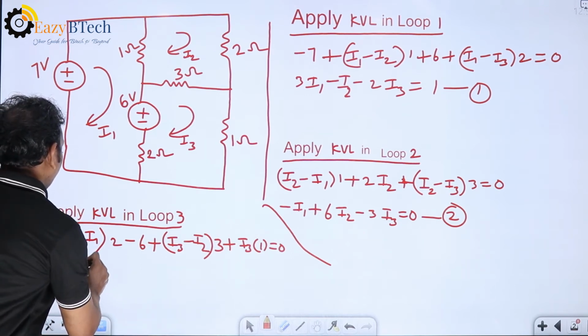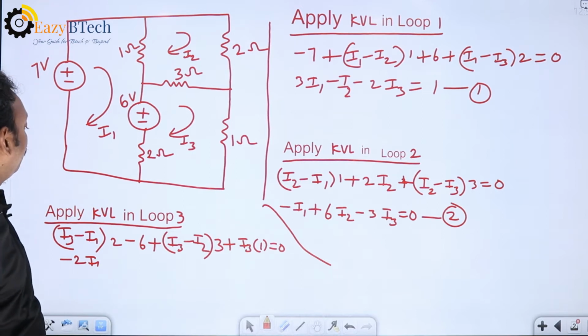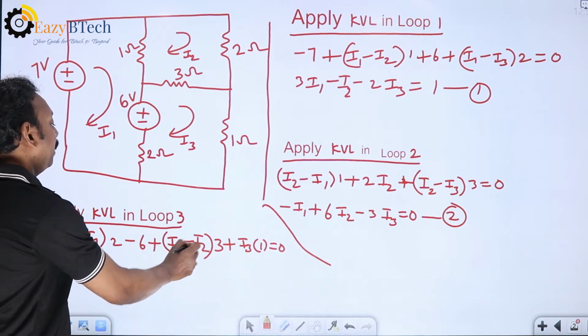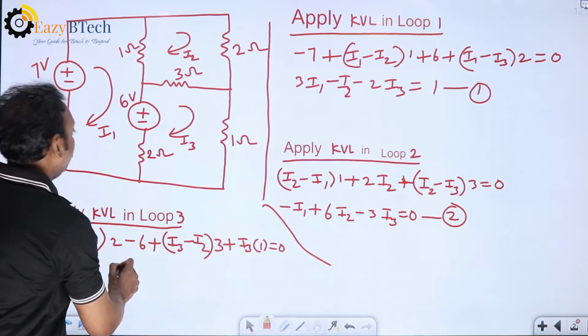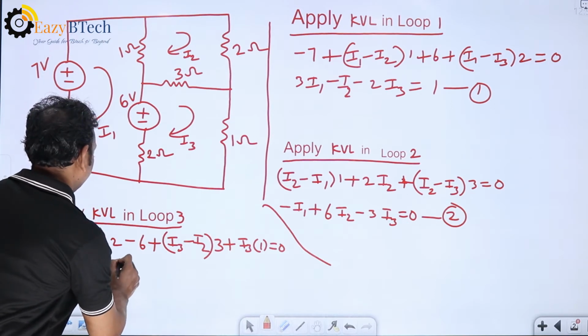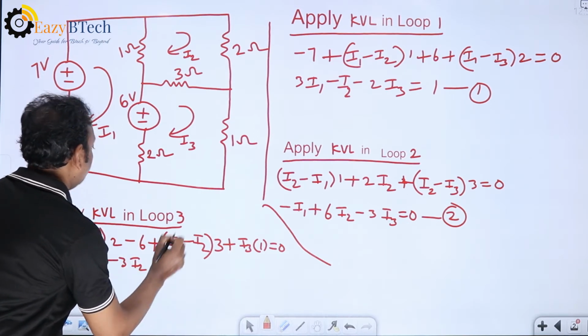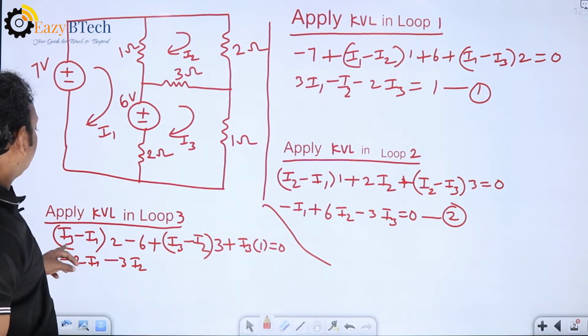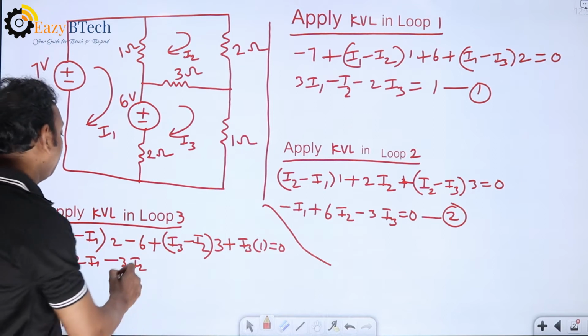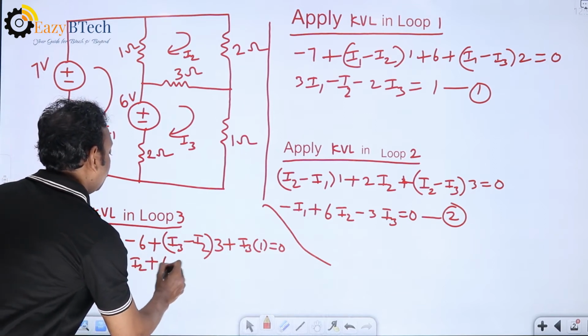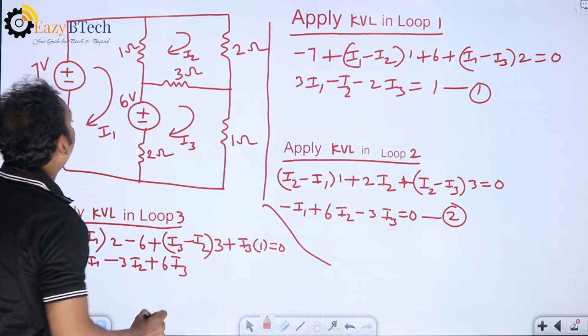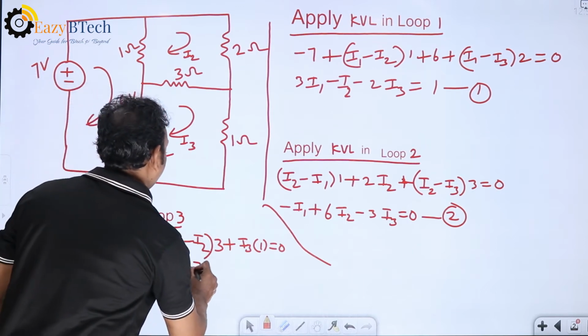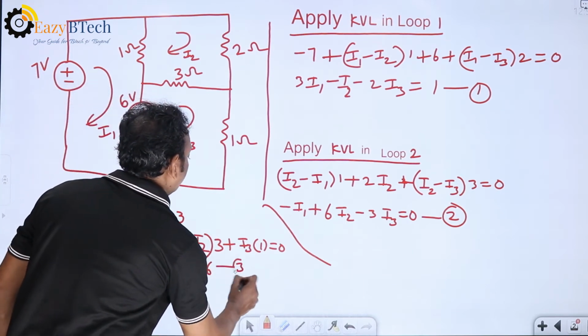Minus 2 I1, and the I2 coefficient minus 3 I2, and the I3 coefficient plus 3 plus 2, 5, plus 6 I3, equal to 6.